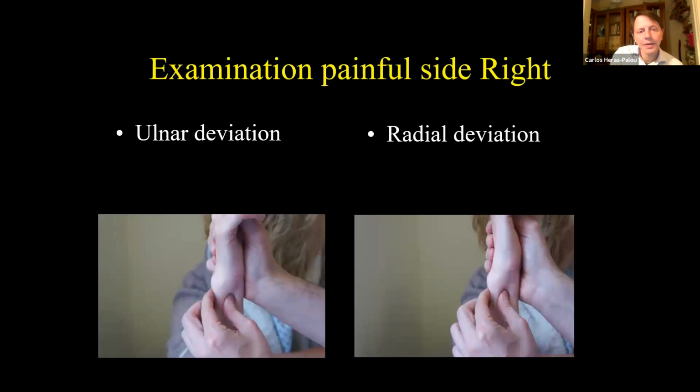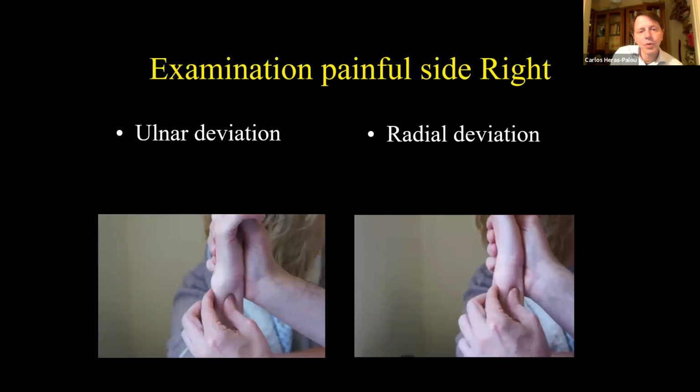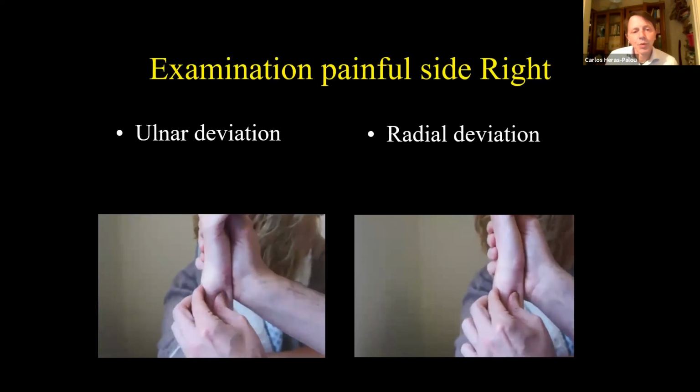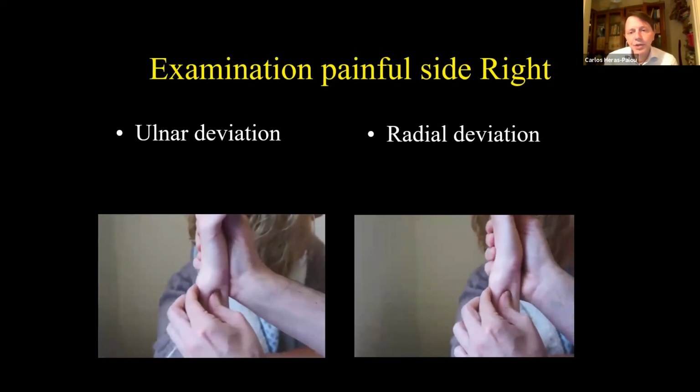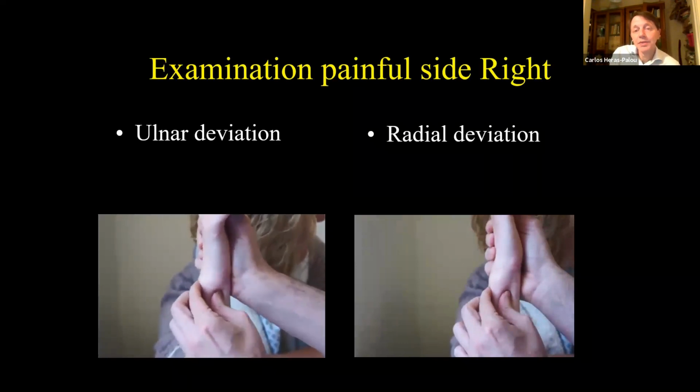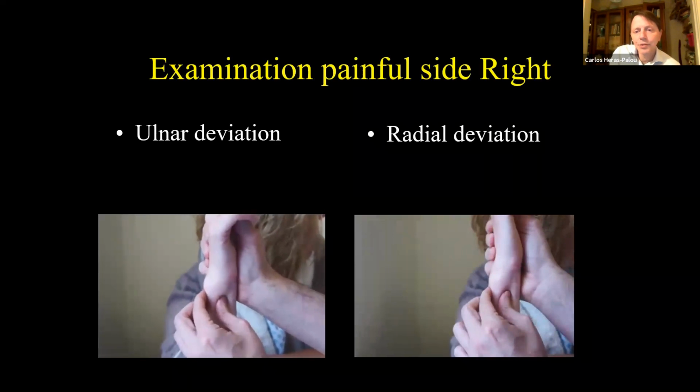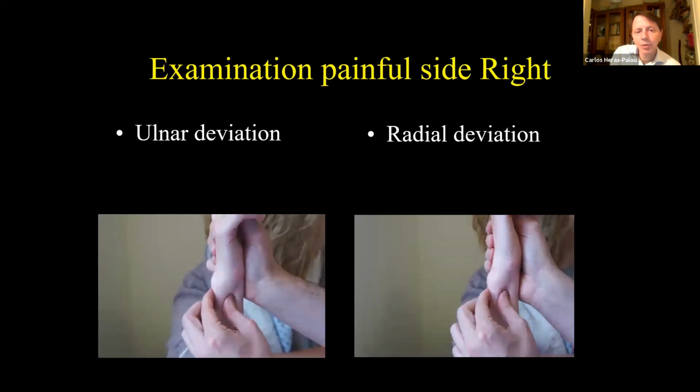Yeah. If I do this on the right side, which is the painful one, then what we'll see is that there is a lot of movement both in radial deviation and in ulnar deviation. So to me, this is an unstable DRUJ. The radiographs are normal, therefore likely to be a TFCC problem.